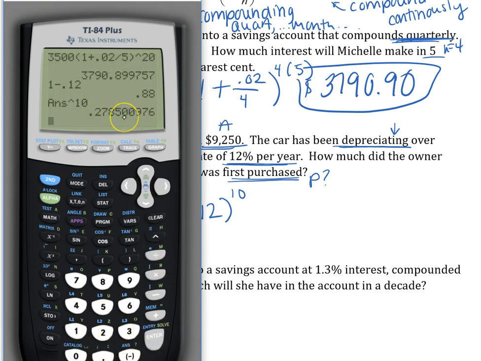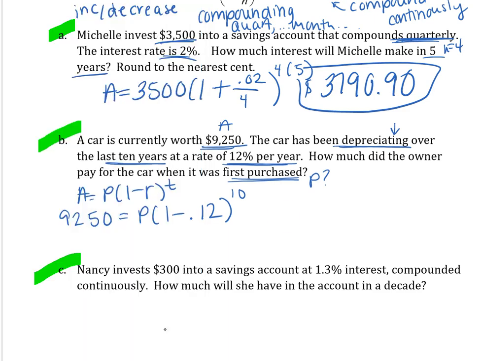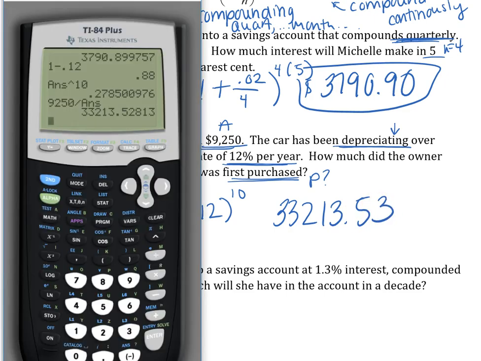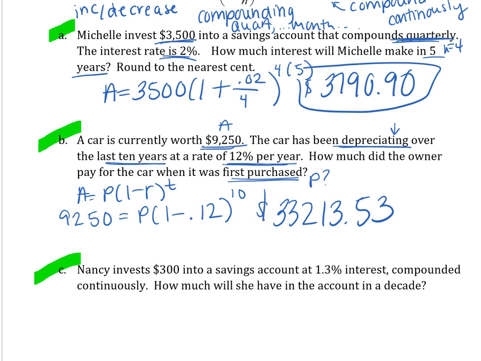And this is the number I'm going to divide 9250 by. Okay, so to the nearest cent, 33213.53. I think I copied that right. Yes. Okay, so that's how much he originally bought the car at.